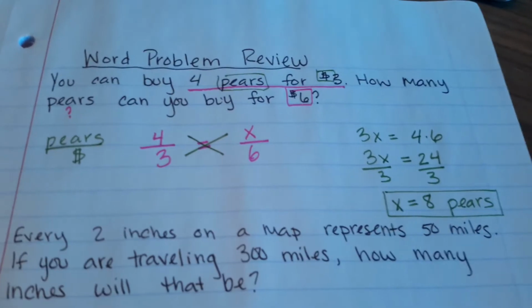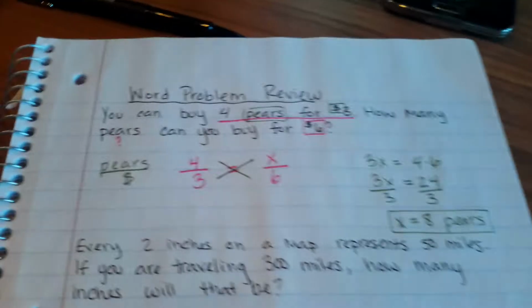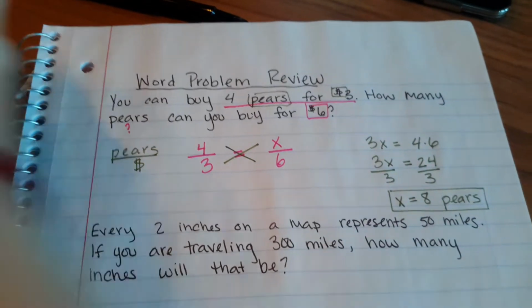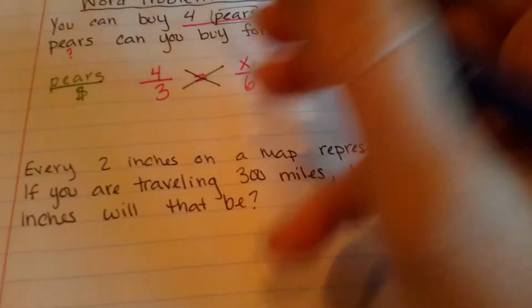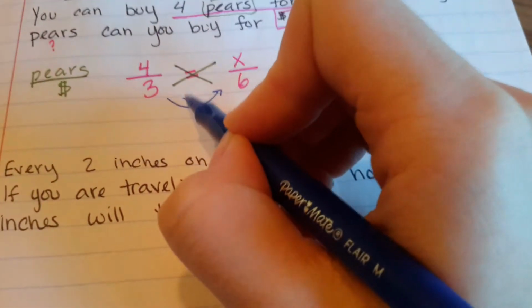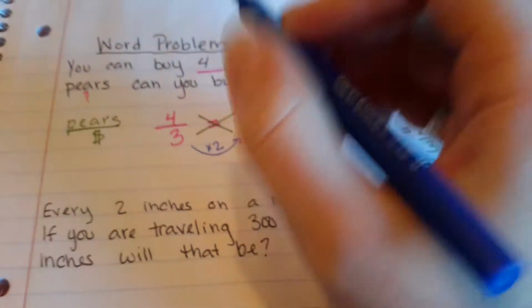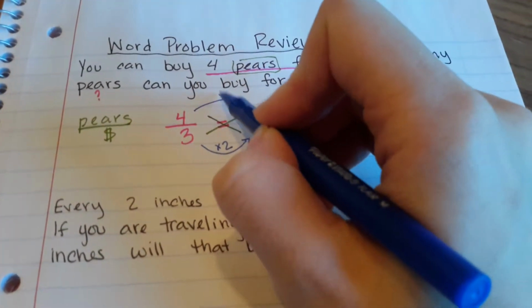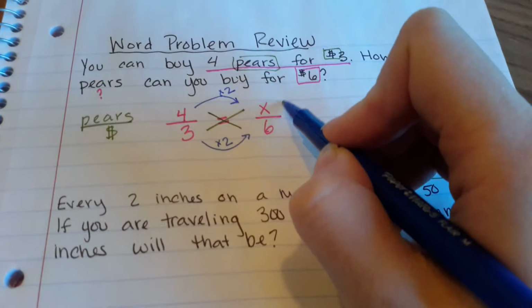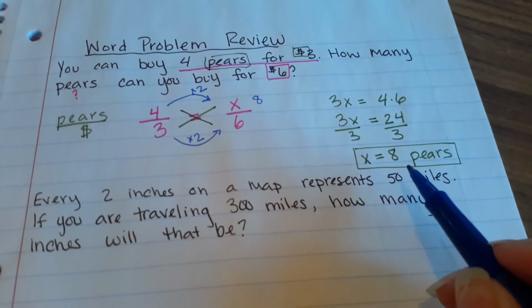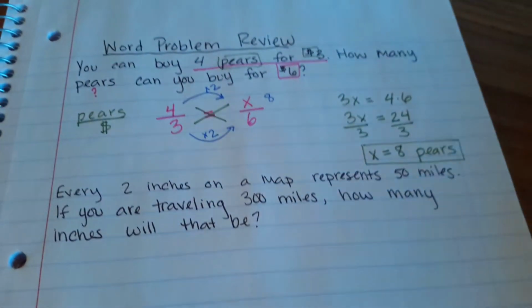Okay, there's our first problem. Some of you may have noticed we could have done the shortcut that we talked about here. We know 3 times 2 is 6, and we can also multiply the top by 2. 4 times 2 is 8, and that was our answer, 8 pears.